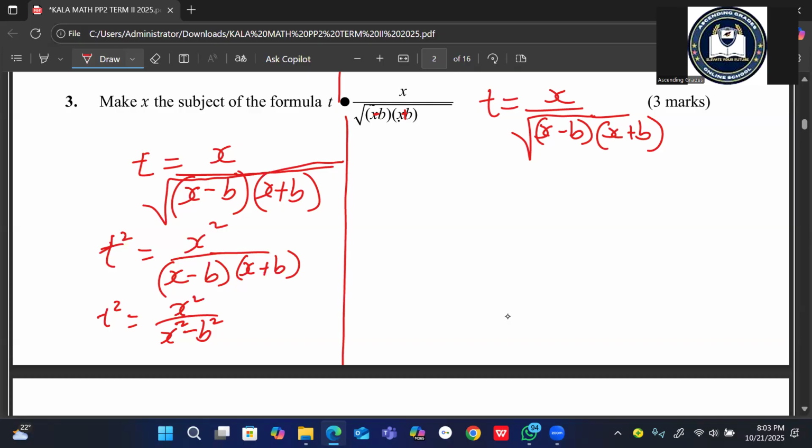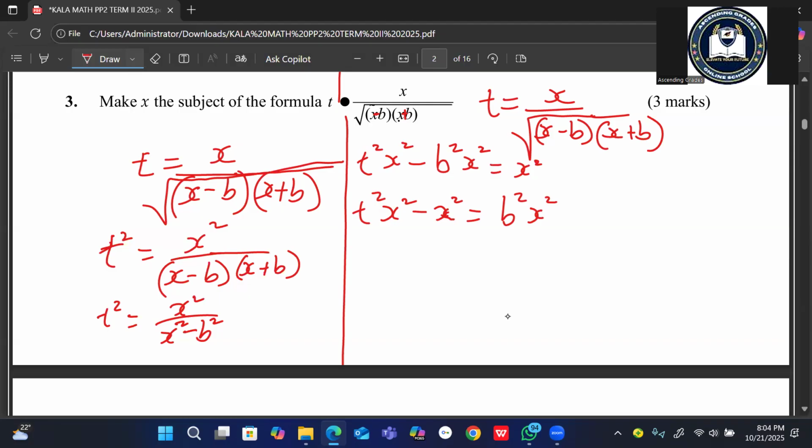And upon doing that, we will have t squared x squared minus t squared b squared is equal to x squared. So this one becomes t squared x squared minus x squared is equal to t squared b squared.